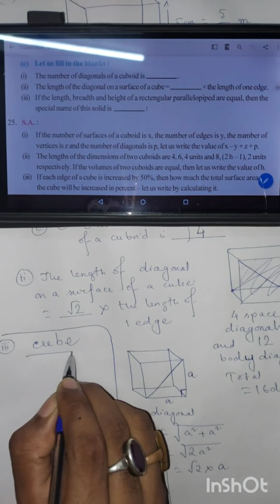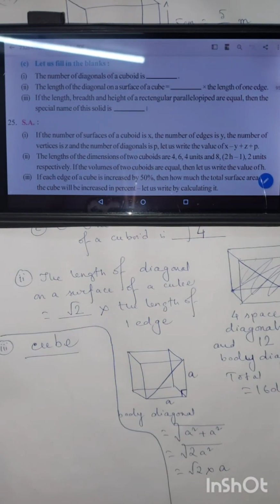So this is our answer. Now let us proceed to question number 25.